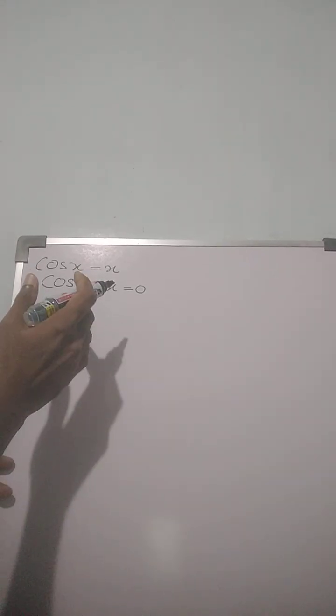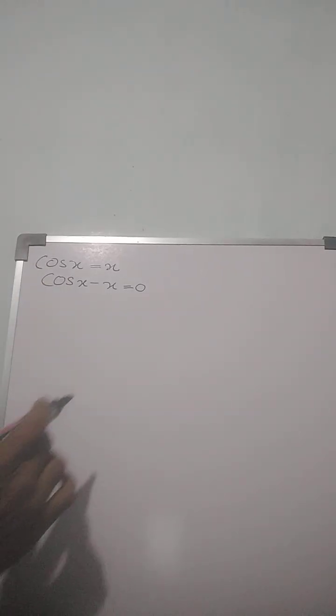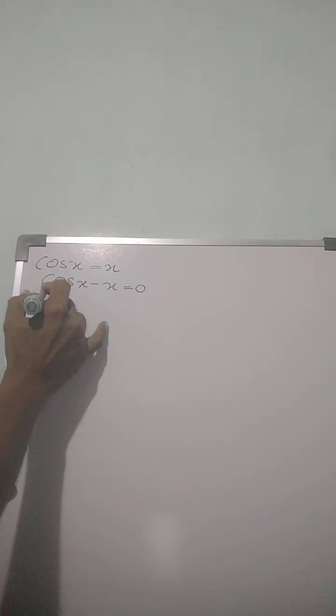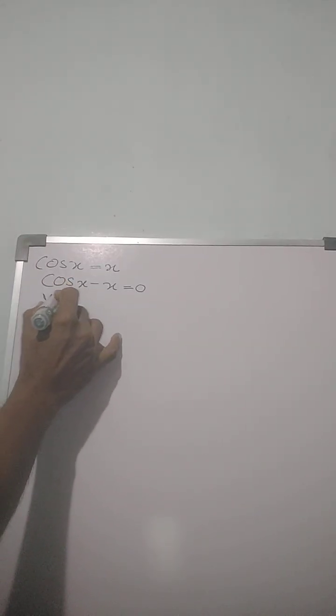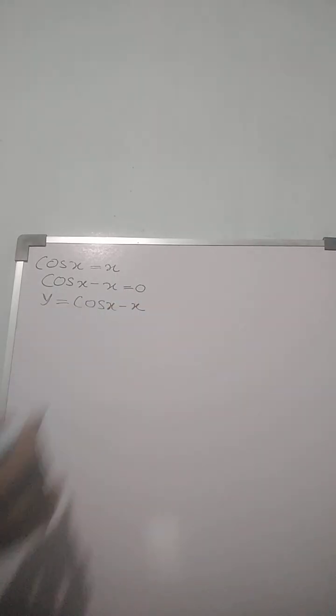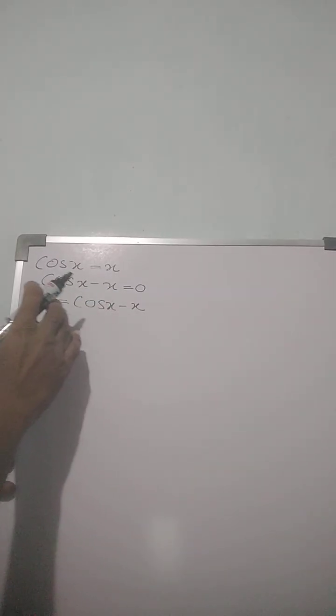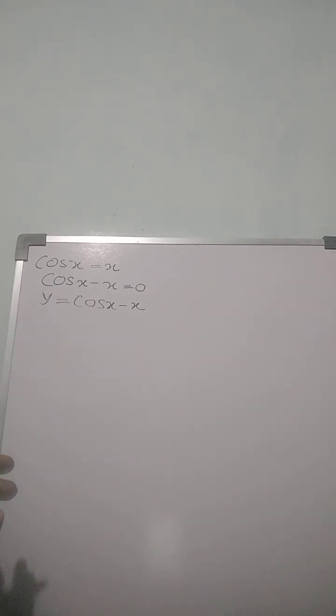In different words, for some value of x, cos x must be equal to x. If we write y equals cos x minus x, we can plot this curve also, and find the values of x for which y equals 0.